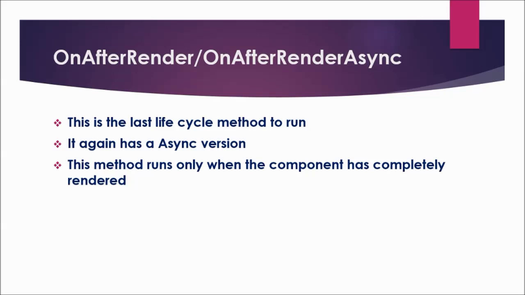This method runs only when the component has completely rendered. You might have instances where you want to call JavaScript from your code. You might want to refer to child components and the elements from the parent component, say for example. So all those child element references, all the DOM is ready for you to query only at this point.